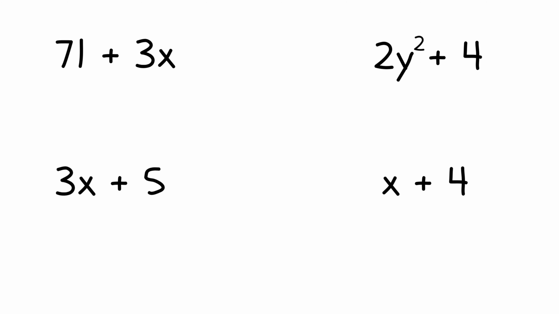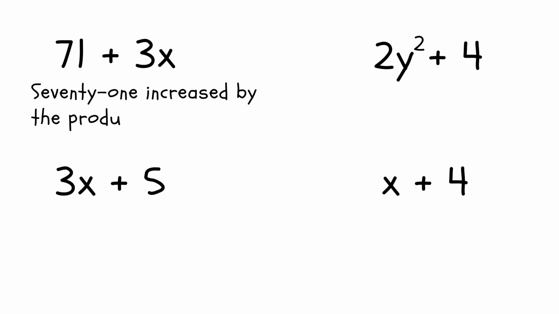The first expression is 71 plus 3x. We can word this as 71 increased by the product of 3 and x. Next, for 2y squared plus 4, we can say the sum of 2y squared and 4.